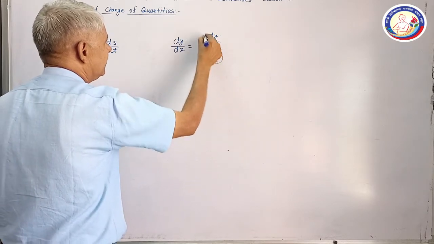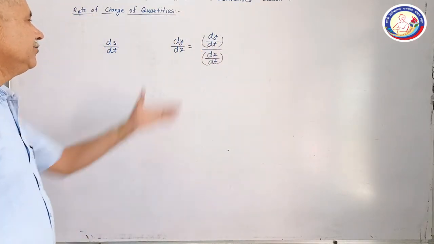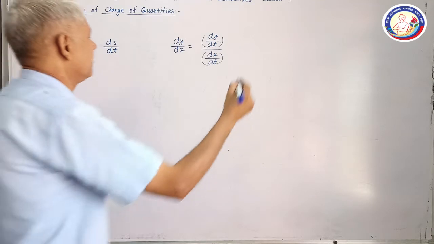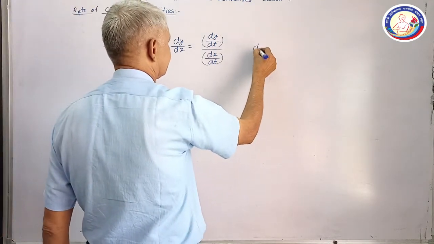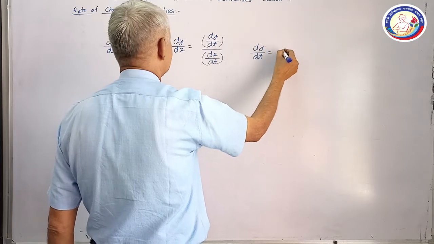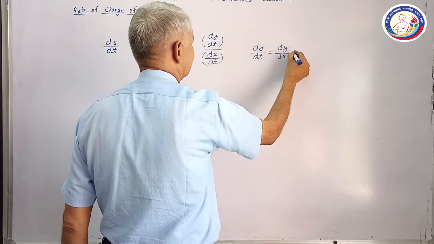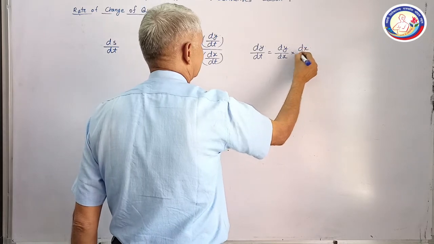If we divide both these two, we will get this. We can use the chain rule also. If we want to find dy by dt, then it is dy by dx into dx by dt.